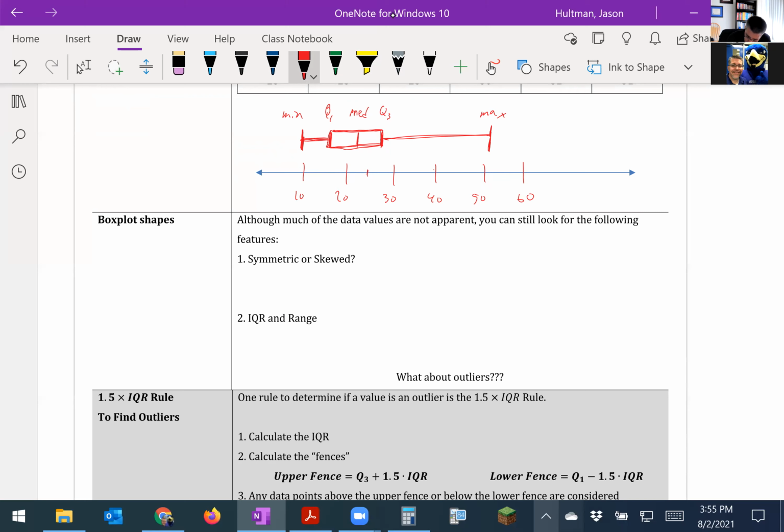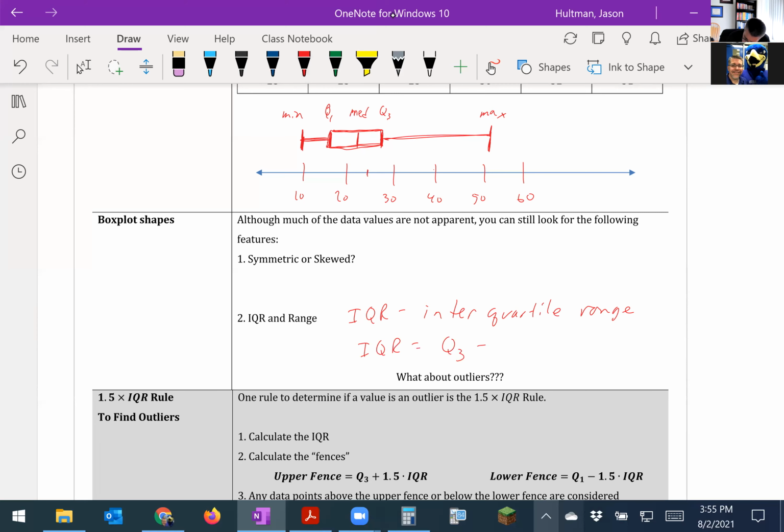What's the IQR? Well, what the heck is an IQR? The IQR is the interquartile range. And what's the interquartile range? Well, it's the range between Q3 and Q1. So the IQR is Q3 minus Q1.